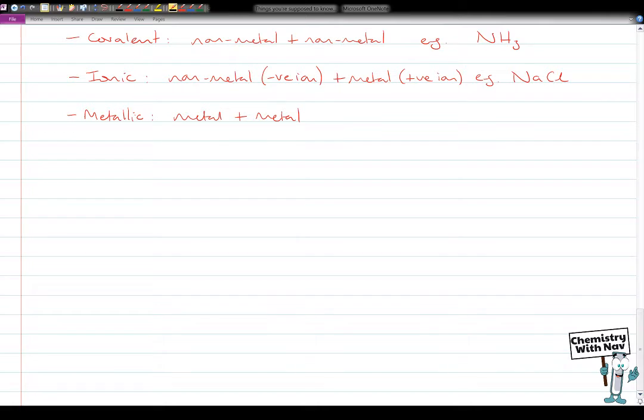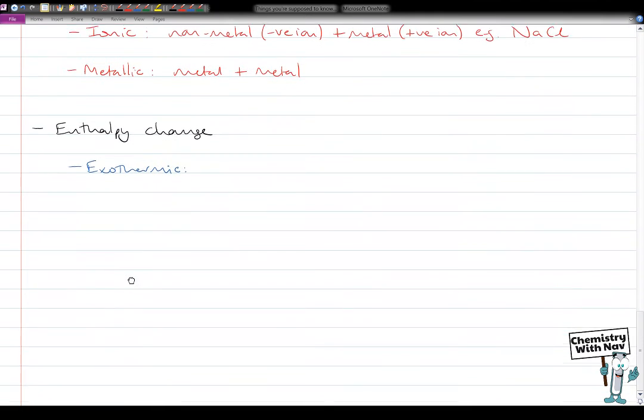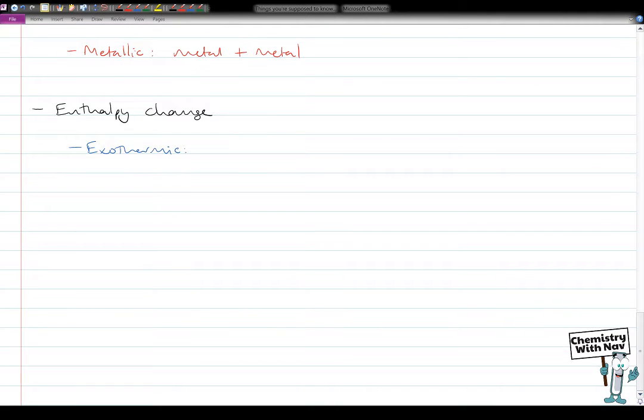The last couple of things. Let's look at enthalpy change. Here, the idea of something being exothermic means that it gives heat out to the surroundings. But quite often in exams, you're actually asked to give examples of exothermic and endothermic reactions.